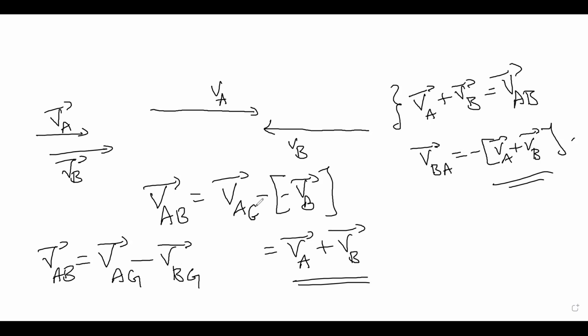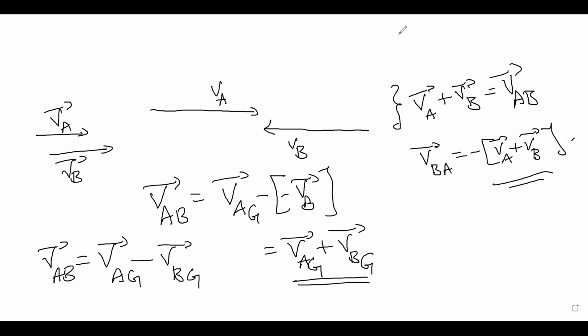Please understand, these are all things with respect to ground. Ground is not moving. Under that condition, these velocities are calculated with respect to ground. So that's the idea you have to understand. Clear?